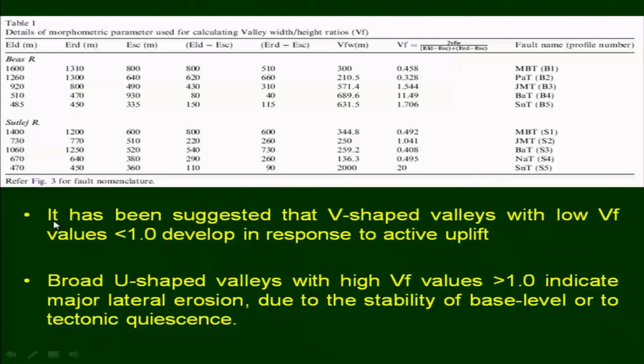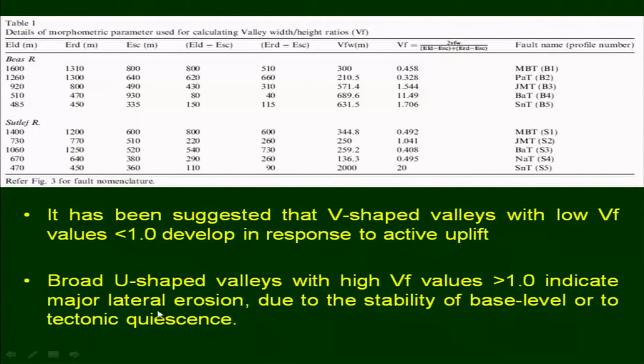So it has been suggested that low V-shaped valleys, with low Vf values less than 1, develop in response to active uplift. Broader U-shaped valleys with high Vf values greater than 1 indicate major lateral erosion, because you have given enough time to the channel to migrate within the active valley.